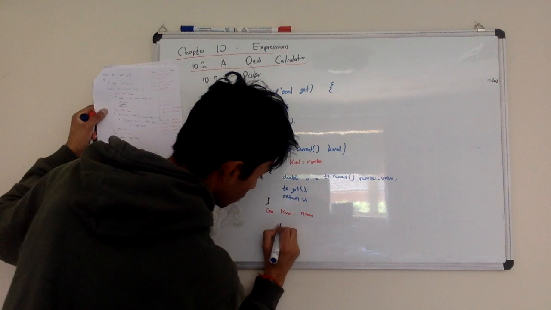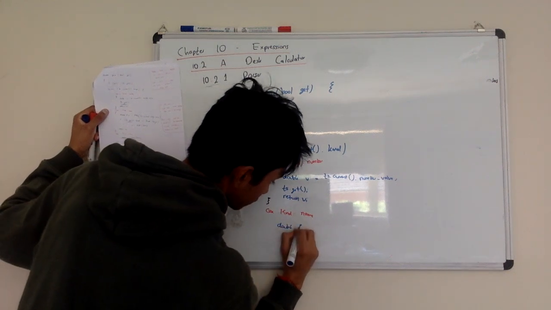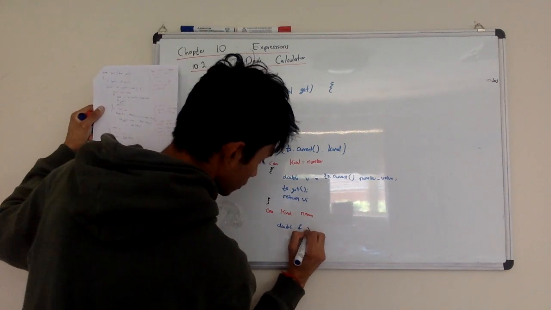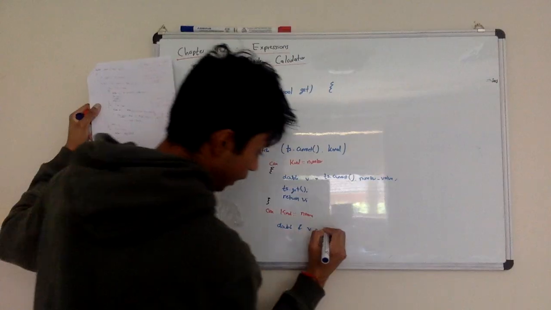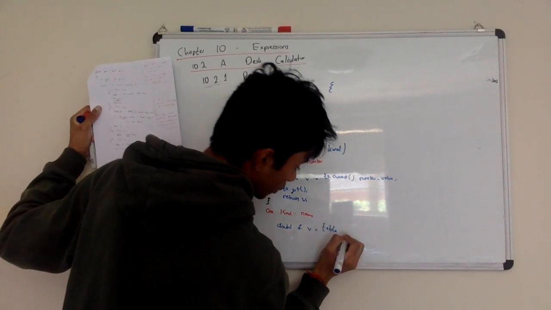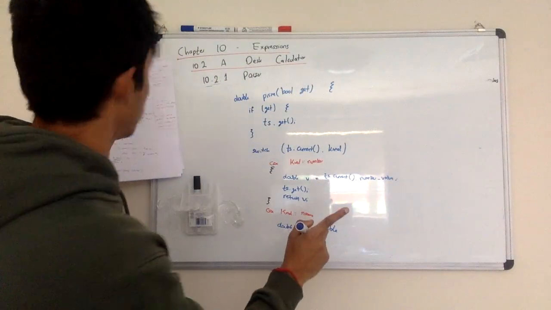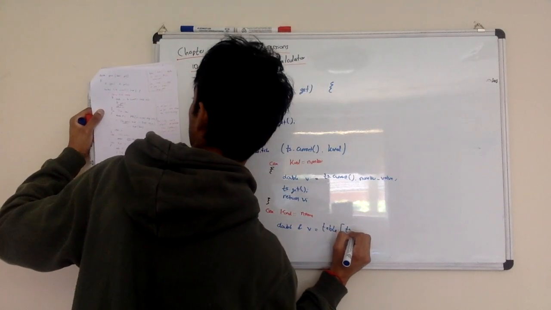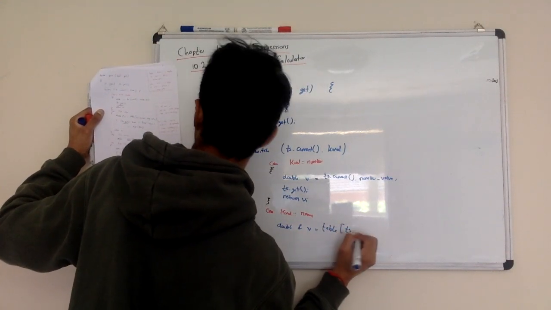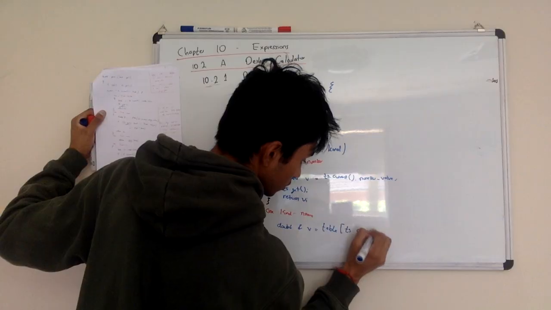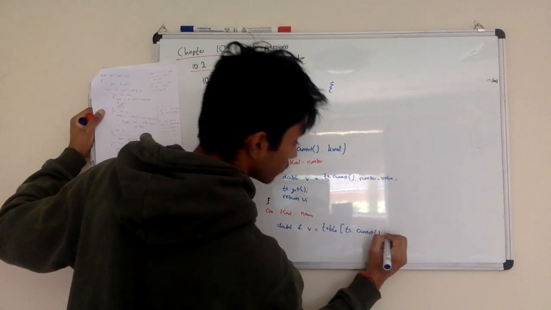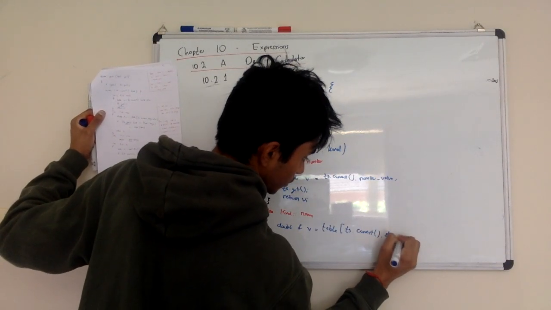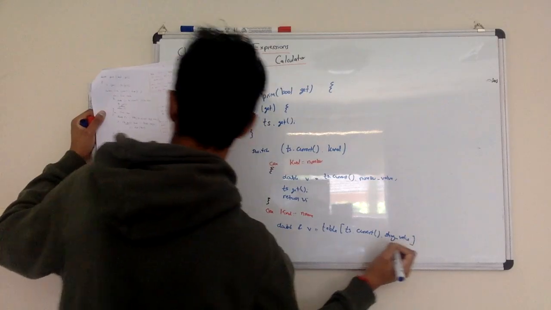So we're going to make a double reference this time. V equals, I'm going to introduce this table, which is a variable that will be in the global scope. I'll explain that in a second. ts.current.string_value, right?